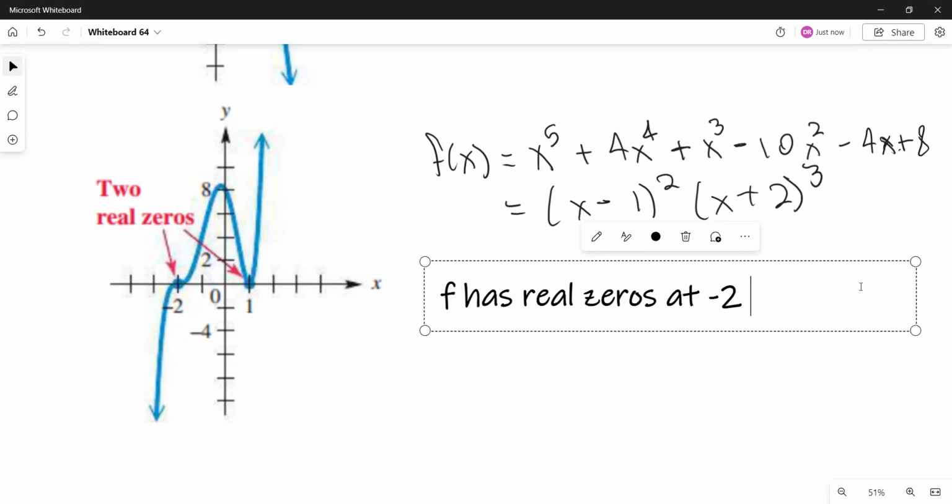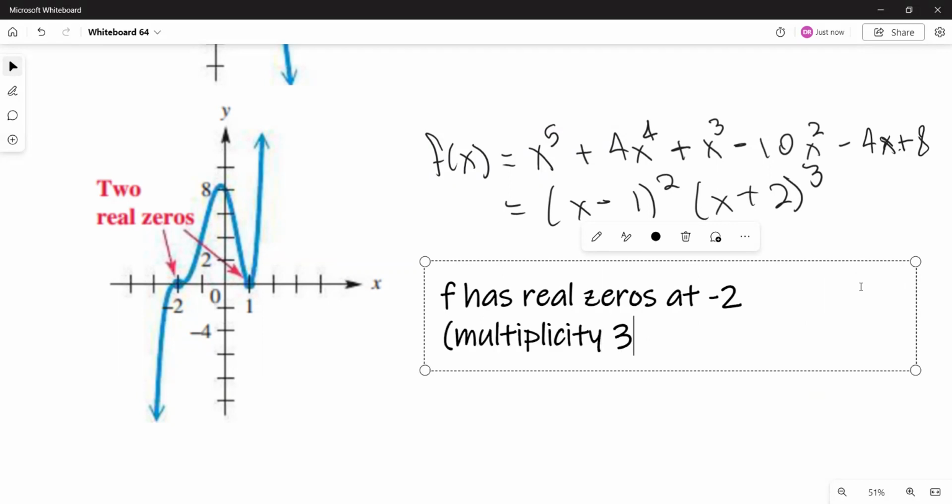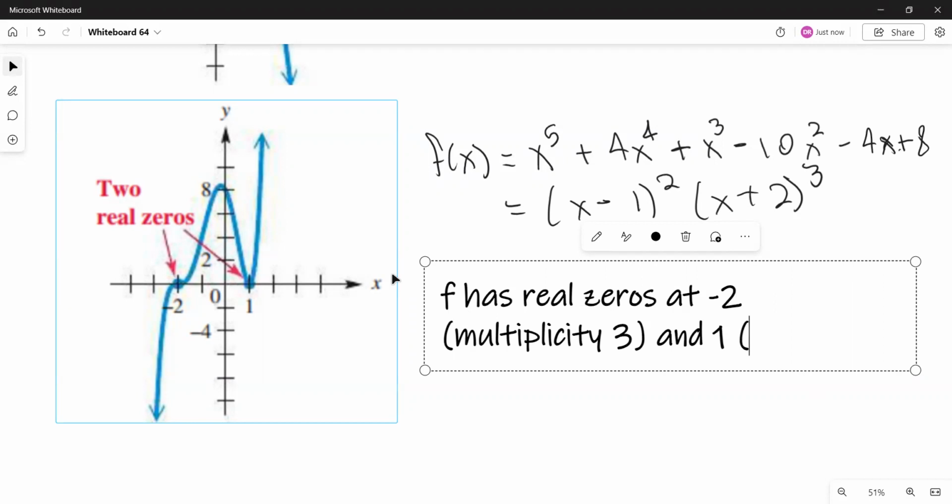At -2, it has a zero of multiplicity 3, because you have x plus 2 to the third power, and you can tell from the behavior of the graph that it levels off and then crosses. And at 1, it has multiplicity 2. You have x minus 1 squared, and you can see that the graph touches the axis but doesn't cross it.